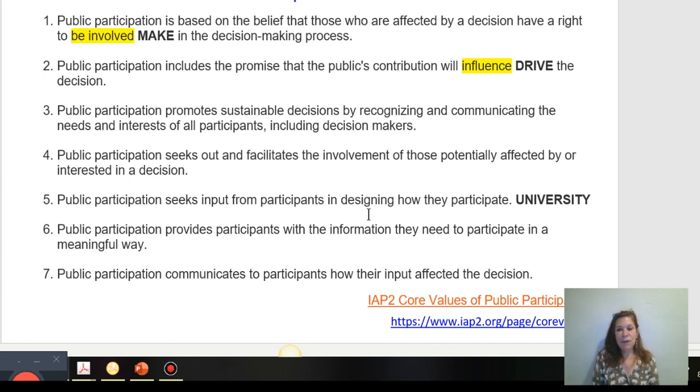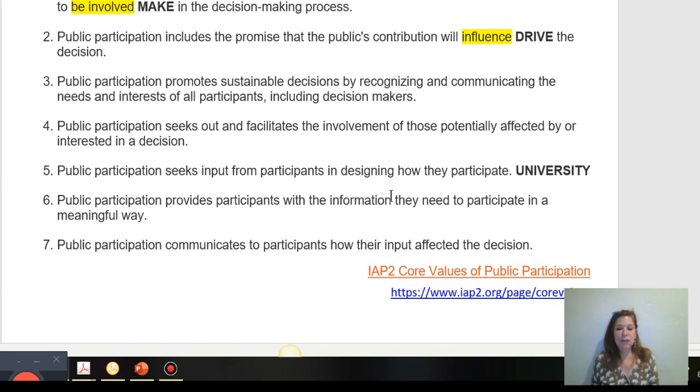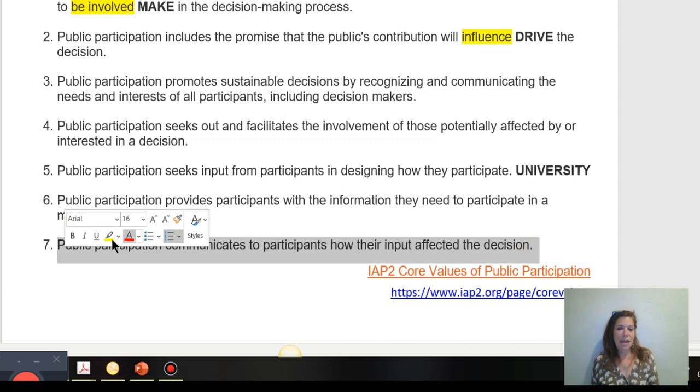You've got to think about those same types of problems when you are getting people together in a community for participation. And finally, public participation communicates to participants how their input affected the decision. Again, their input, they should be making the decision. That's my take on all of this.